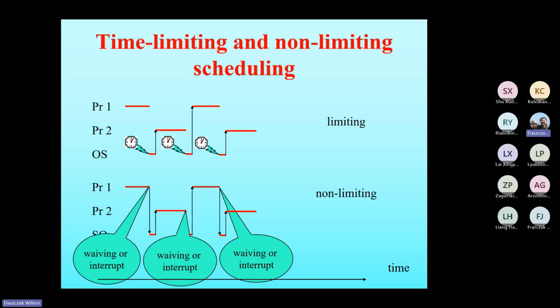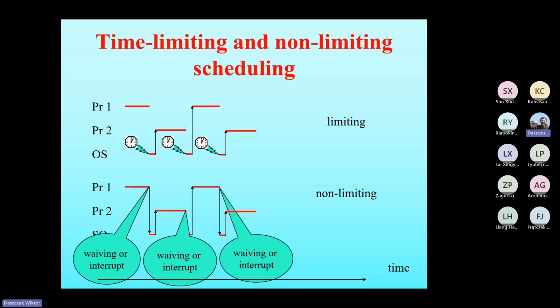And the last property is limiting the time. In the literature, limiting the time is generally not a preemption. Excuse me. Some authors assume that limiting the time is preemption, but generally we distinguish those two.